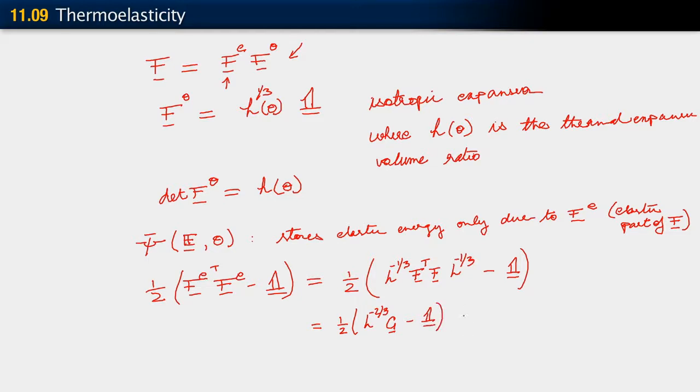Now, you recall that C can be written in terms of E, the Lagrange strain tensor, as 2E plus the isotropic tensor. And then we still have the minus isotropic tensor. And remember that this is a function of theta all along. Everywhere h is a function of theta.